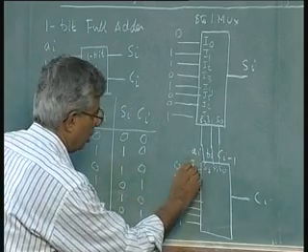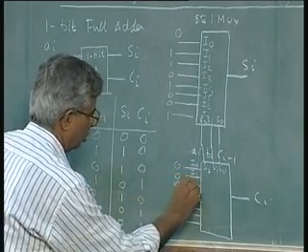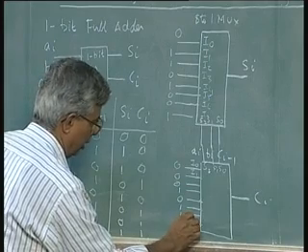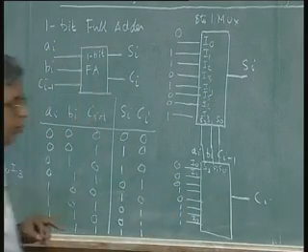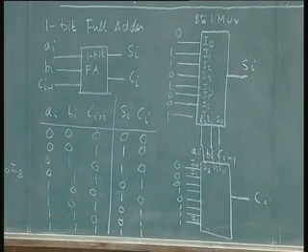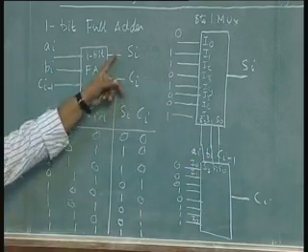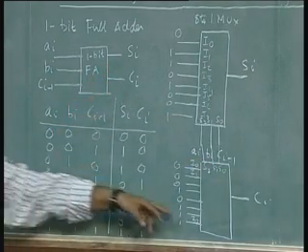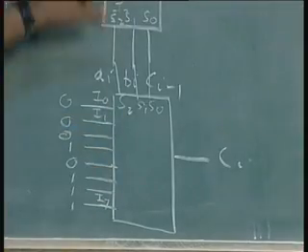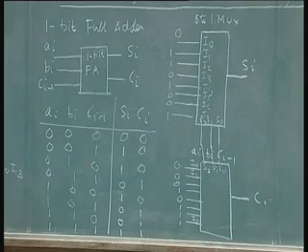I will not draw this in detail, you know what I mean. So this gives me my Ci output carry. That means the 2 outputs Si and Ci of the full adder with 8 inputs I can implement using 2 8 to 1 multiplexers. So this is fitting the design specs into the available hardware.